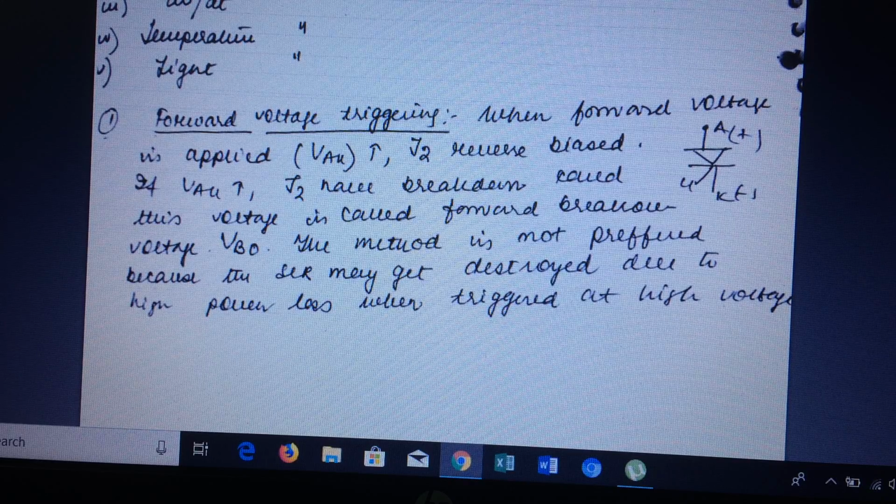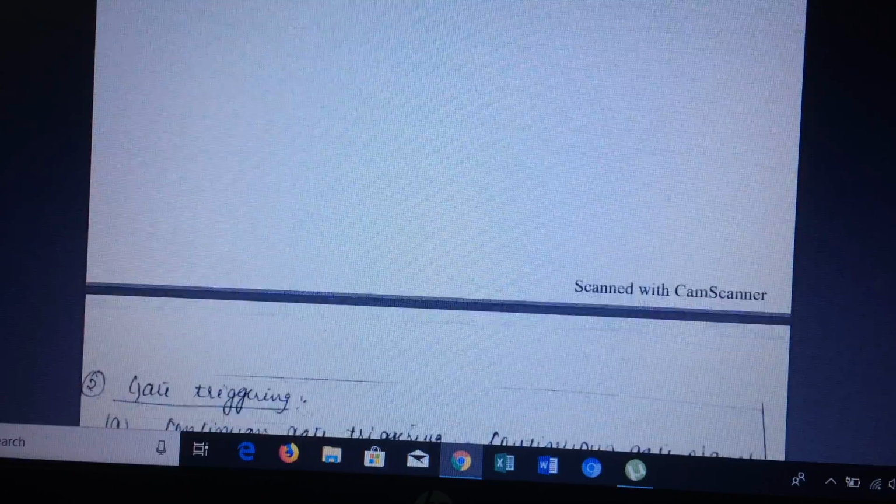So there is always a dangerous situation whenever the SCR is turned on with this method; it may get destroyed, right? So it is not a very preferable method, but yes, it is one of the methods for turning on the thyristor.